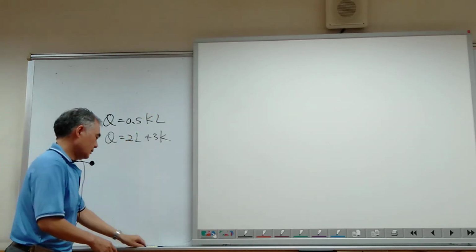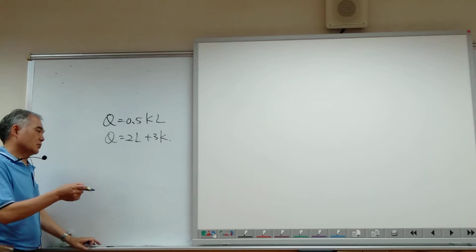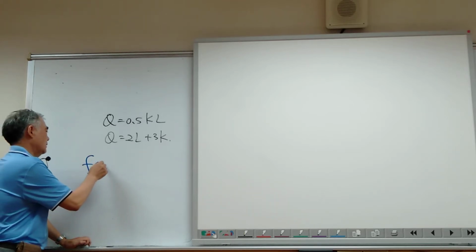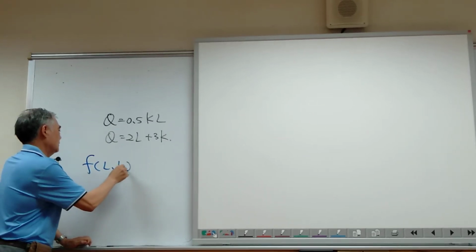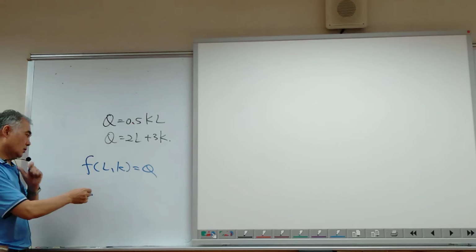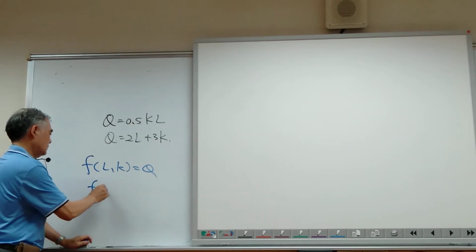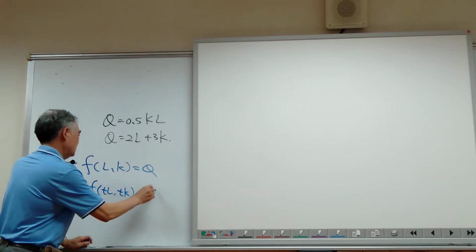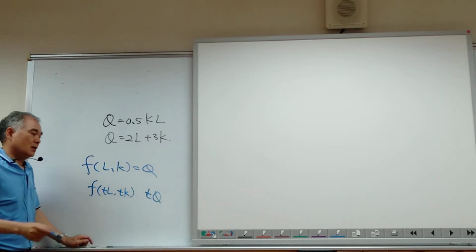And so what is increasing returns to scale? You're going to compare F(L, K) is equal to Q, right? And you want to know the relationship between F(TL, TK) and TQ.